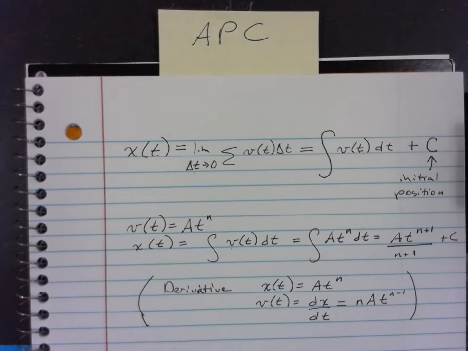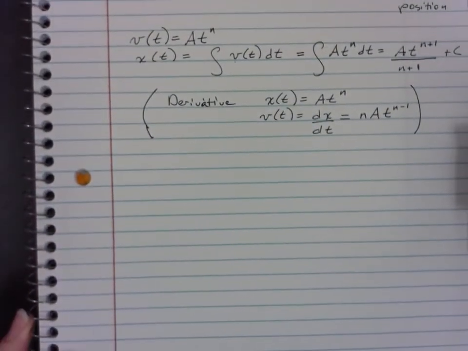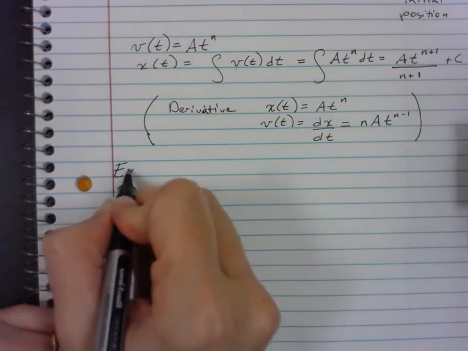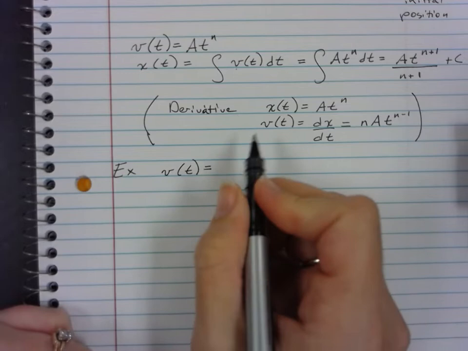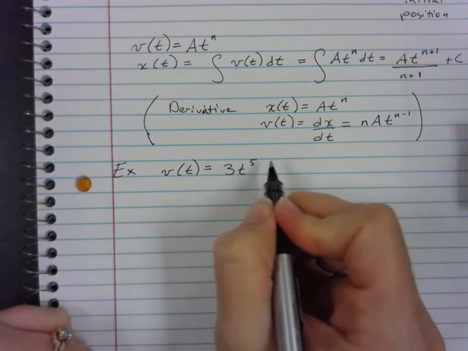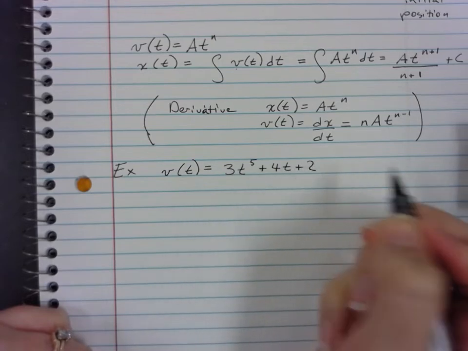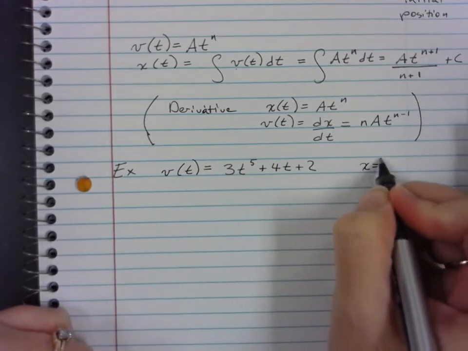So now let's use it. Sliding up the notebook, keep the formula on the screen. So example, if we have a velocity function given by a rather long formula, plus 4t plus 2, we want to find x of t.